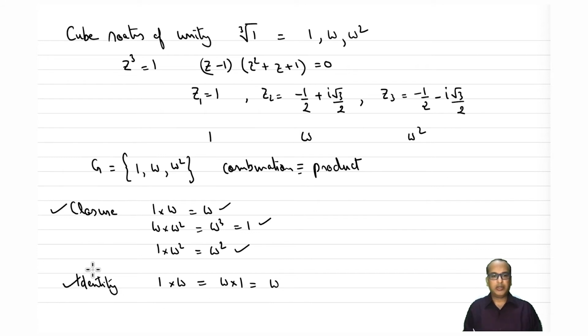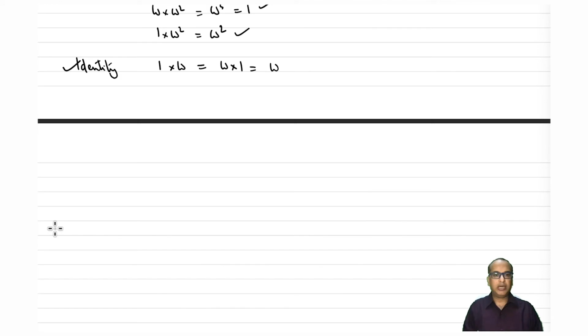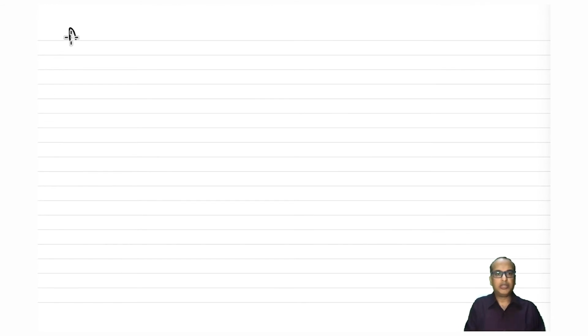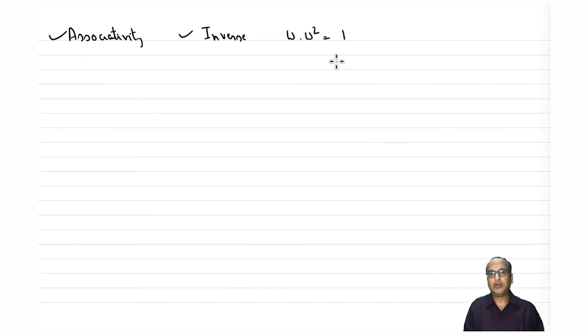So identity also holds. Similarly, you can show associativity will hold. That is not to be shown now, you can show it. And also inverse. We can say that omega into omega square is equal to 1.